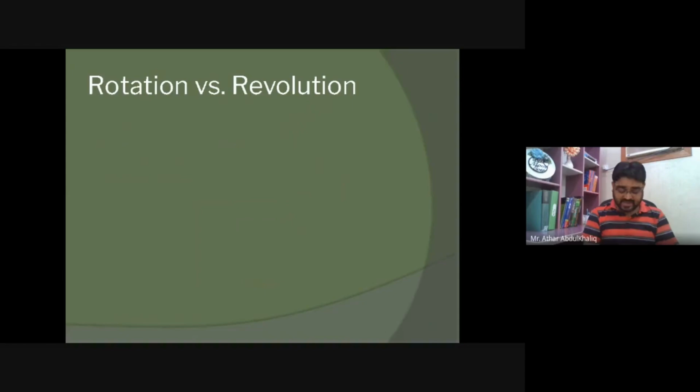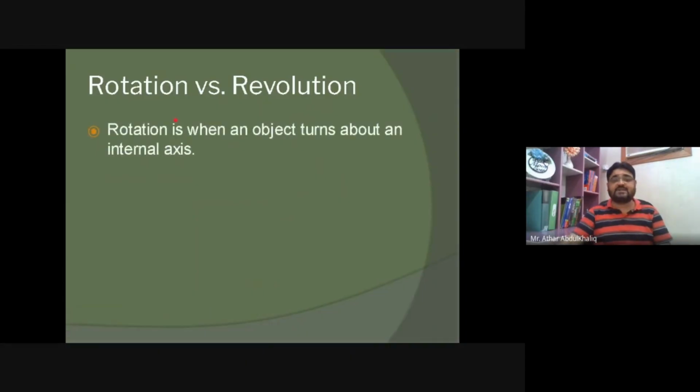For that purpose, I'm going to start with the first thing, the difference between rotation and revolution. Rotation is when an object turns about an internal axis. To make it simpler, when something spins around itself, it is called rotation.